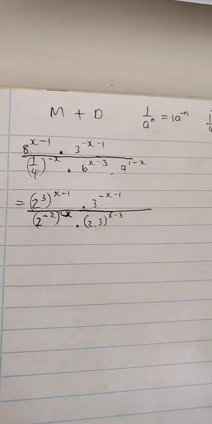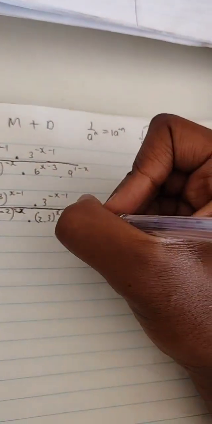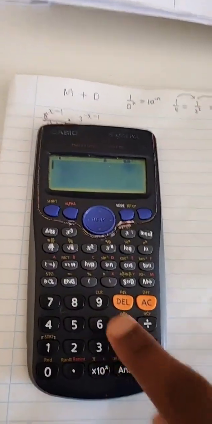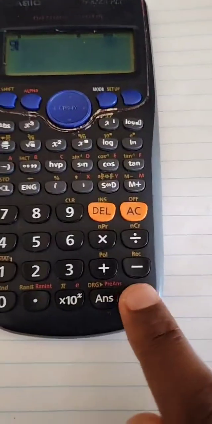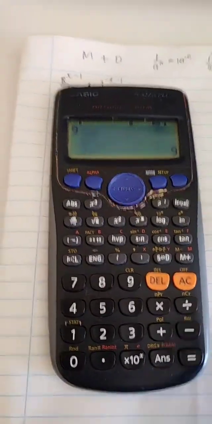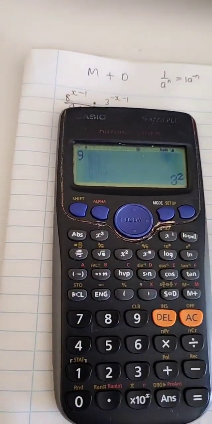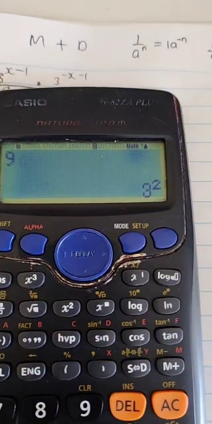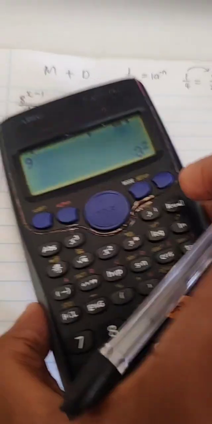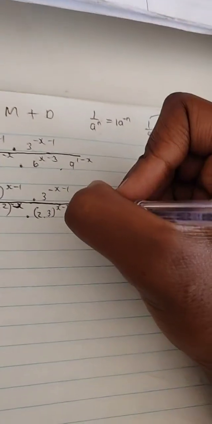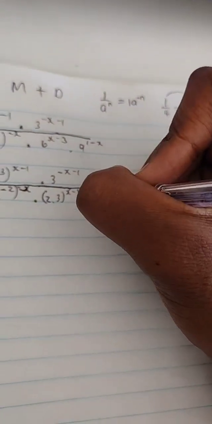Then 9, equal shift fact. Voila. 3 squared. Thank you, Ngotuku.